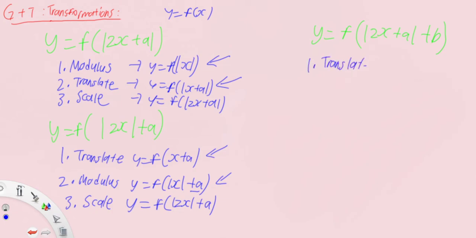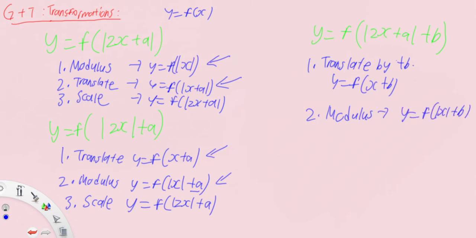So this is slightly higher level. Translate first by plus b, then you'll get y equals f(x + b). Actually it should be minus b, but you guys get it. Then from here, you apply the modulus, so that you can isolate the modulus and then translate from there, and you get y equals f(|x| + b).